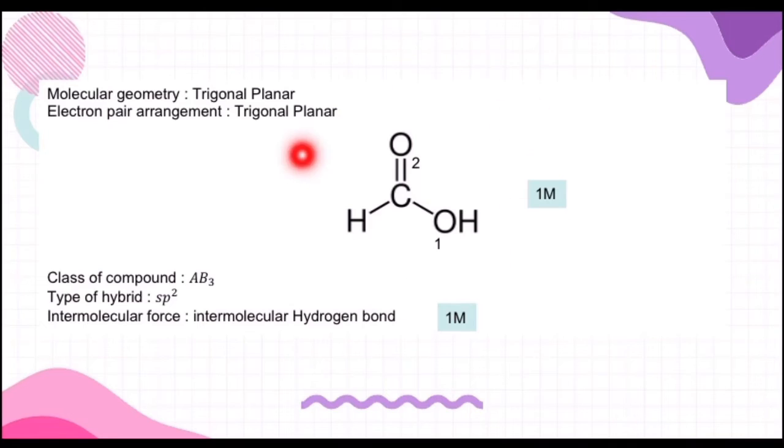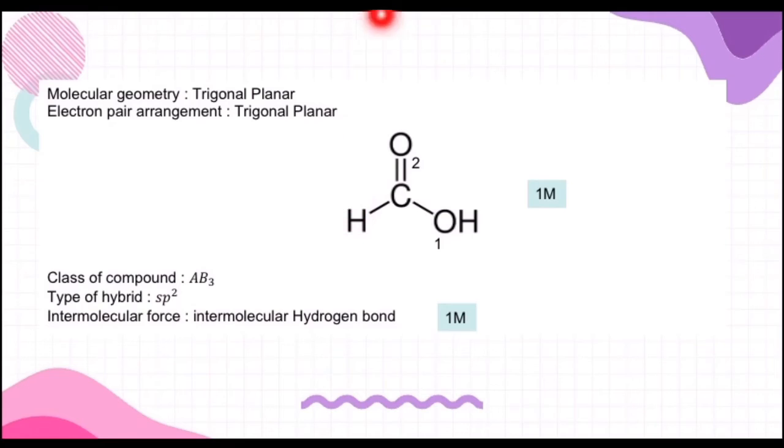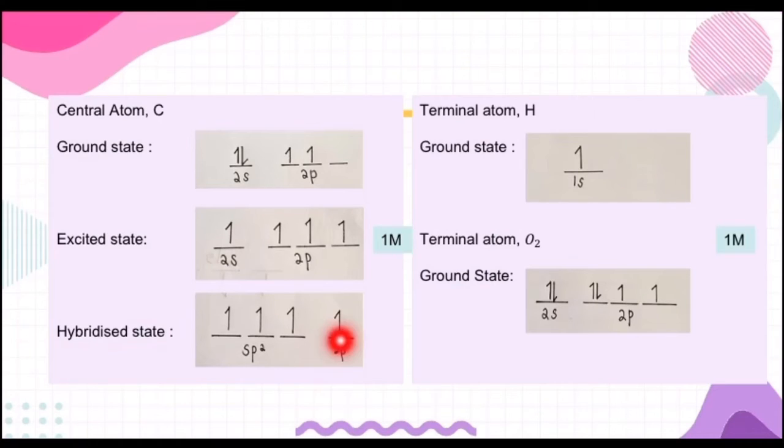So actually in this molecule, there's 2 molecular geometry. The first one is the main one, and the second one I'll show later. That's why I label it as O1 and O2. Okay, for central atom C, this is the ground state, excited state, and hybridized state. And this is for terminal atom and O2 atom.